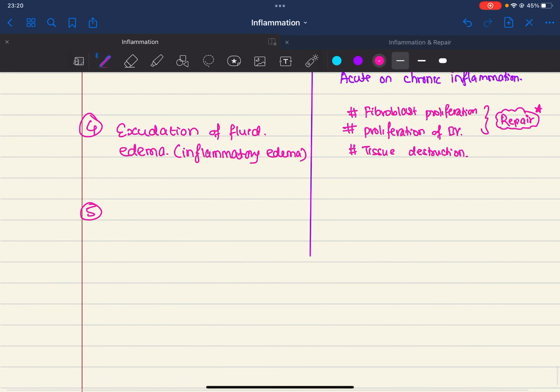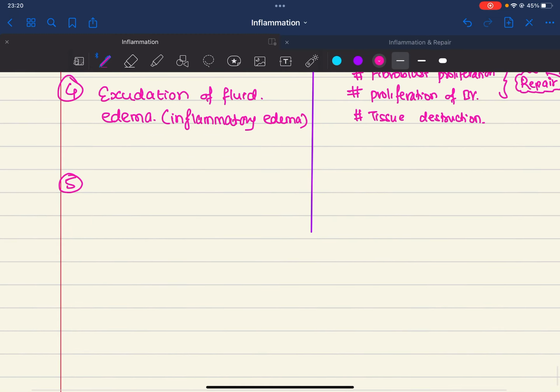So repair is going on simultaneously in chronic inflammation. What can be another difference? In acute inflammation, the signs of inflammation are visible or prominent.